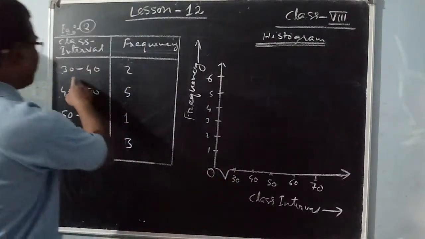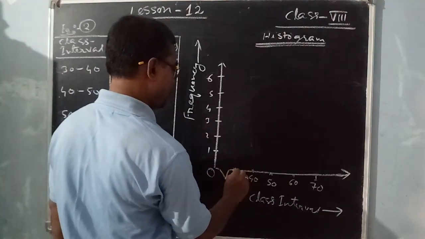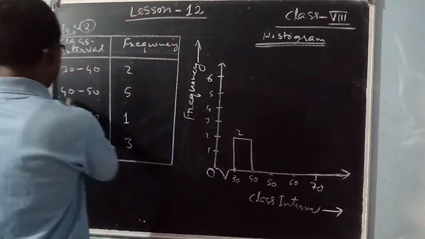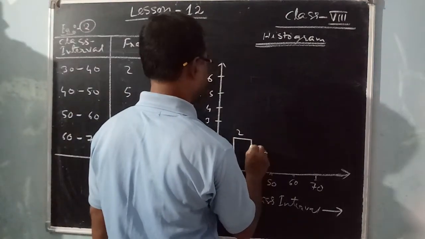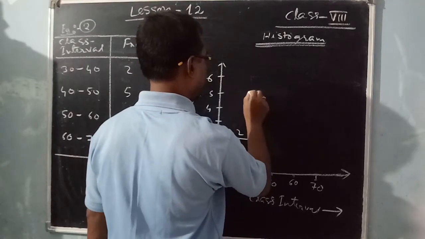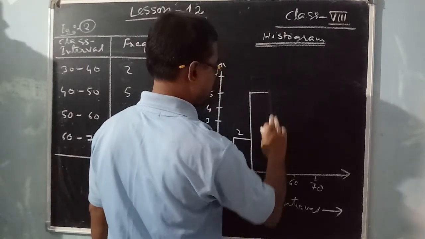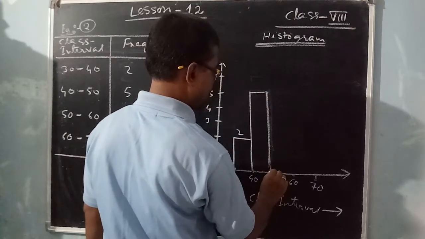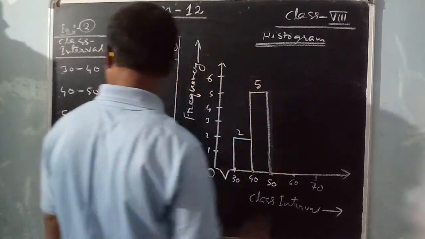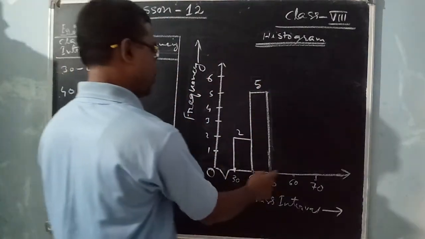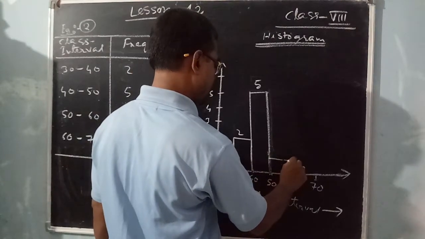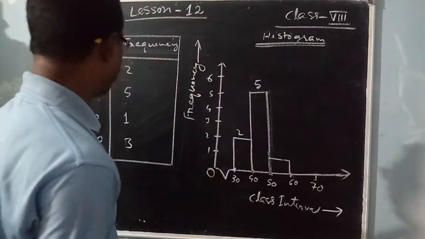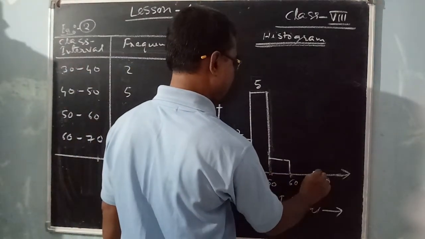So 30 to 40 is 2, so you put 2. After that is 40 to 50, then 50 to 60, then 60 to 70.